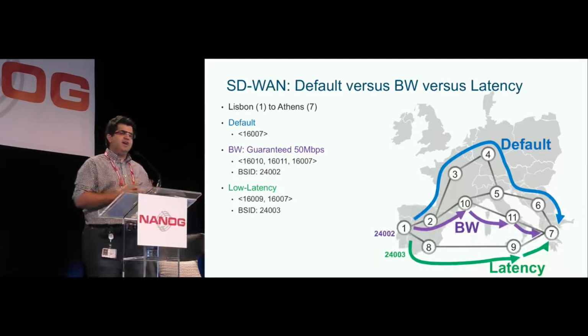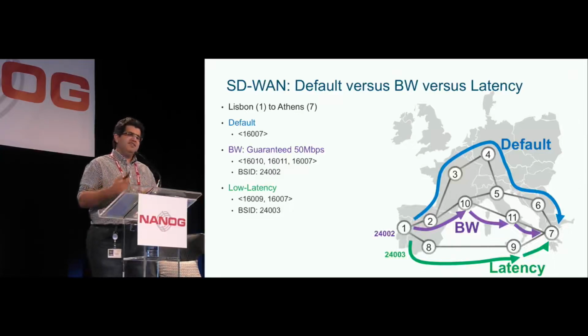Now, this label stack is actually tied to an SR policy on node 1, and that SR policy is mapped to another label. We call it a SID or an identifier. You can call it a binding SID. And here the binding SID is 24002.